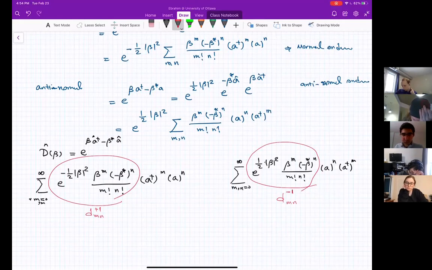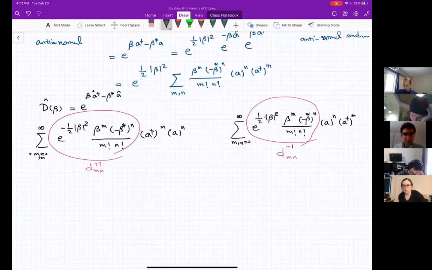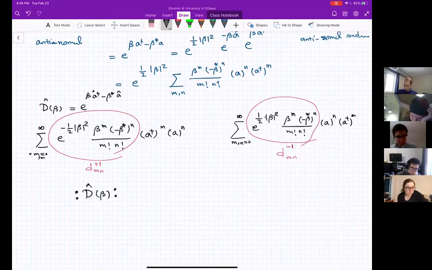People have different notations, by the way, just remember. People write without the exponential, everything in normal order, of course. So people write it in terms of D(β). Without the exponential, they also write the anti-normal, which is D(β). It is a definition. People say they don't care about how the operators are set.